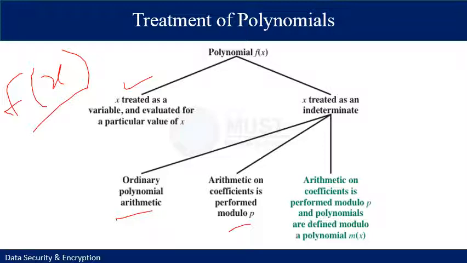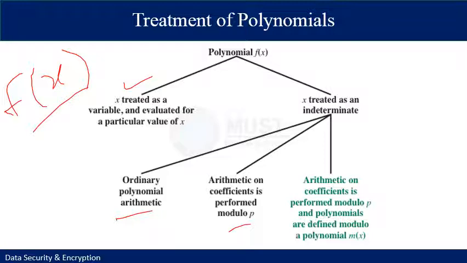The third form is referred to as modular polynomial arithmetic, in which the coefficients are in GF(p) and the polynomials are defined modulo a polynomial m(x) whose highest power is some integer n.